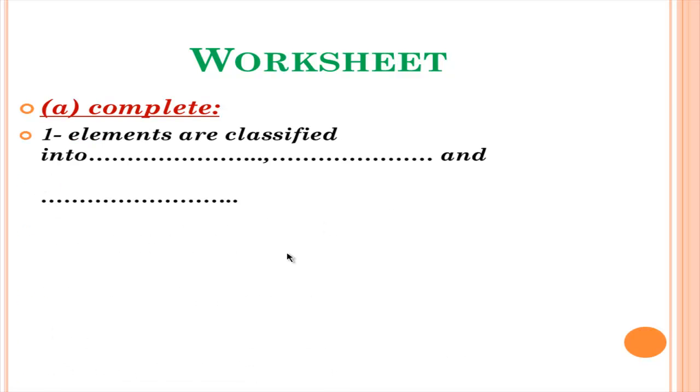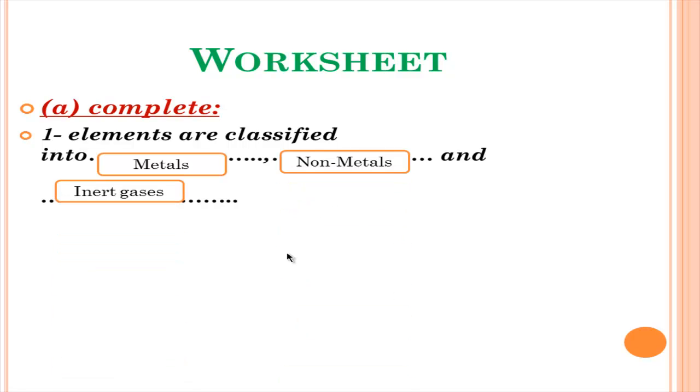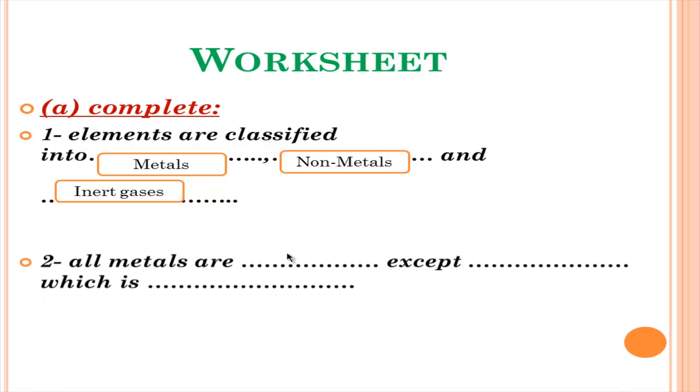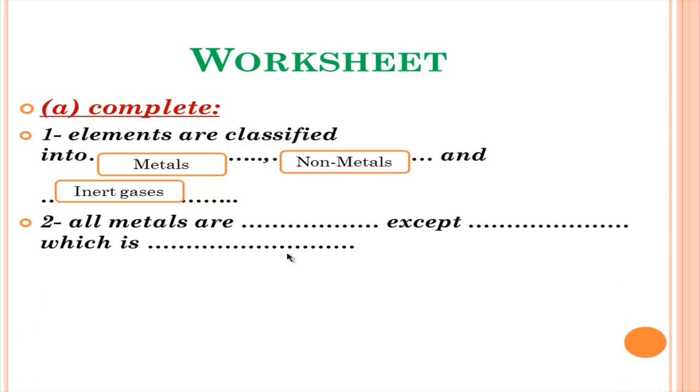Now we will have a sample worksheet to practice our lesson. The first question, complete. Elements are classified into space, space, and space. Elements are classified, as we said, into metals, non-metals, and inert gases. All metals are space except space, which is space.